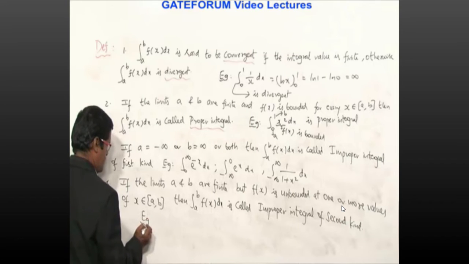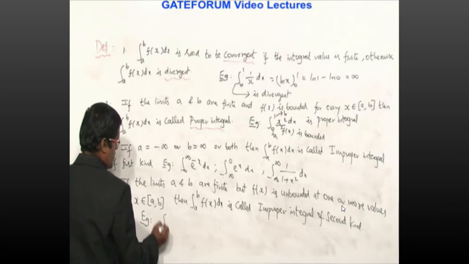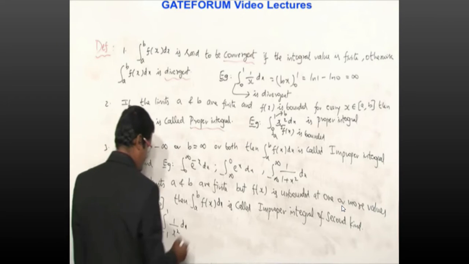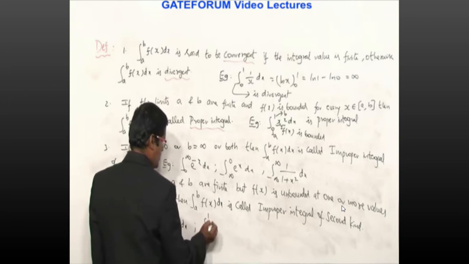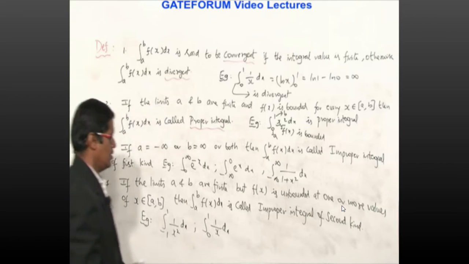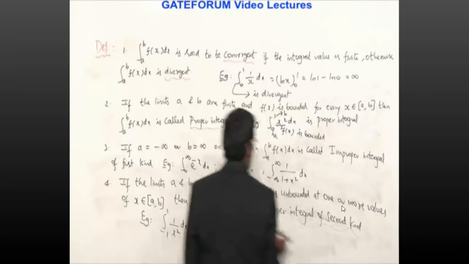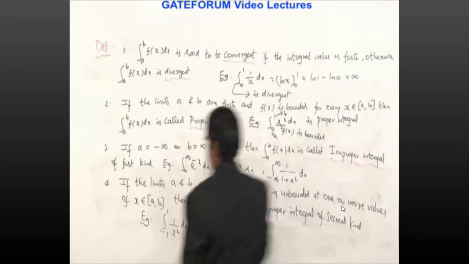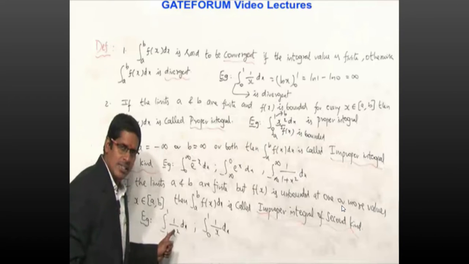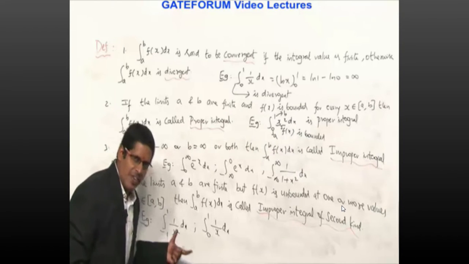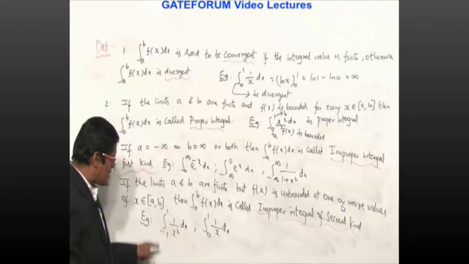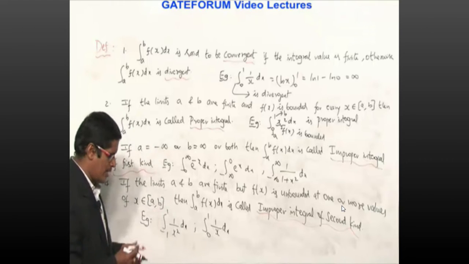Example, minus 1 to 1, 1 by x square dx, 0 to 1, 1 by x dx. So here limits are both finite, but the function is unbounded. That means it becomes infinite at one value of x or two or more values of x between a and b, or at x equal to a, at x equal to b.